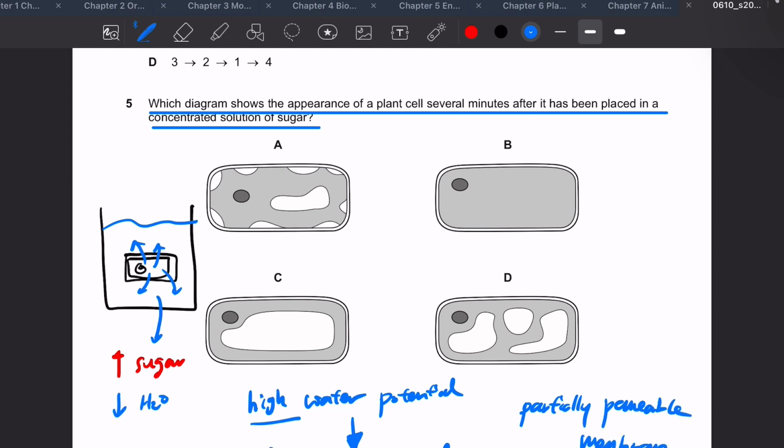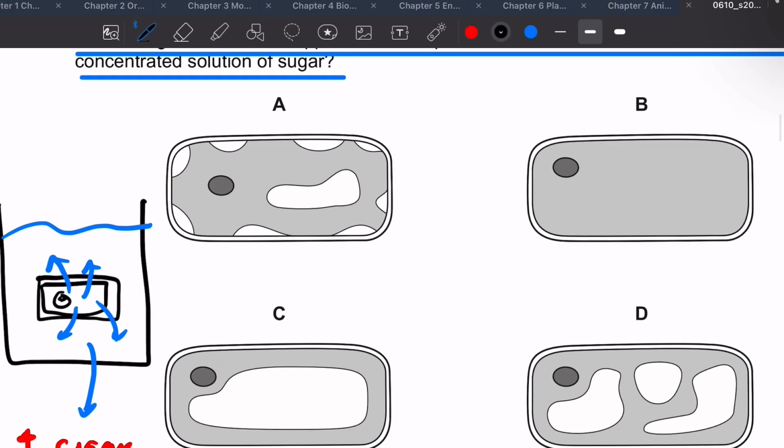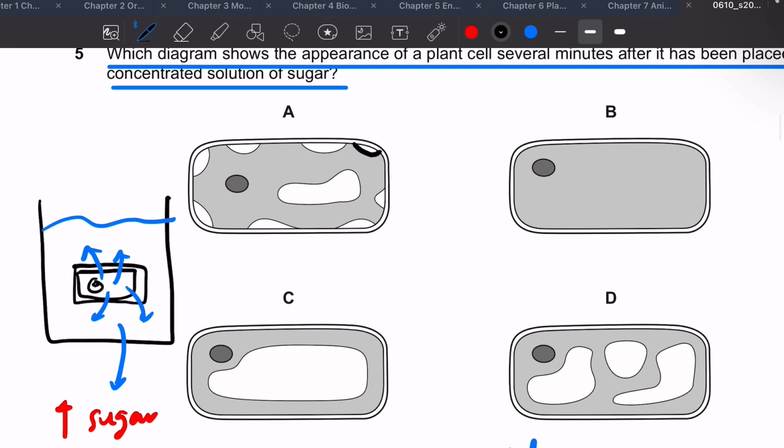Okay, so if that happens, the plant cell will lose a lot of water, which means its membrane will become, let's say, flaccid or plasmolysed. When the plant cell loses a little bit of water, it becomes flaccid.